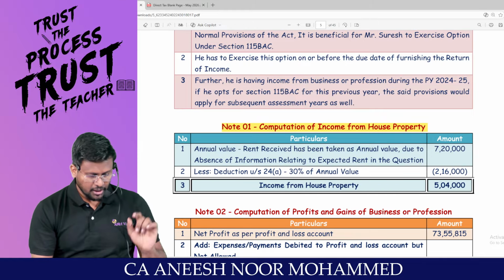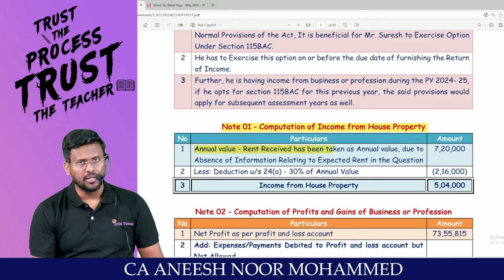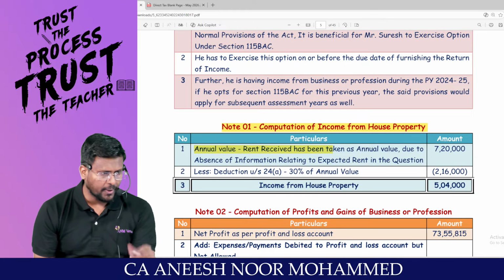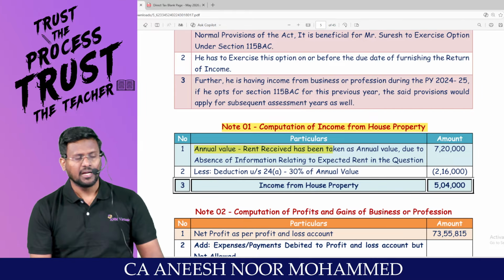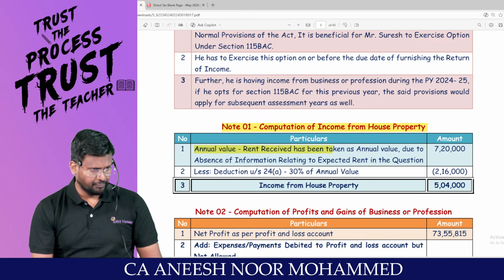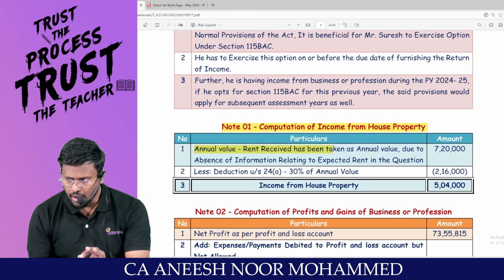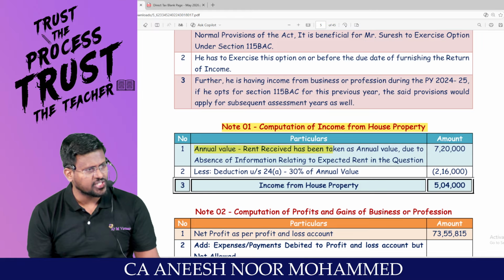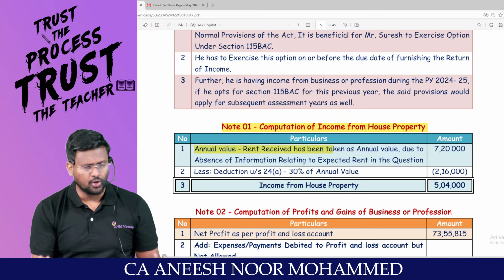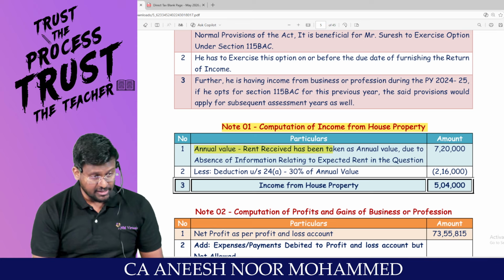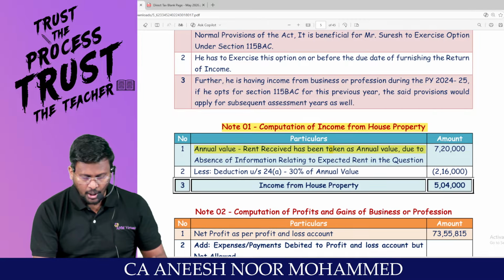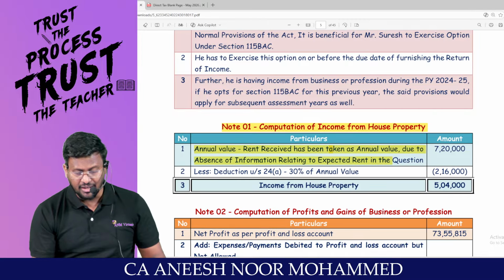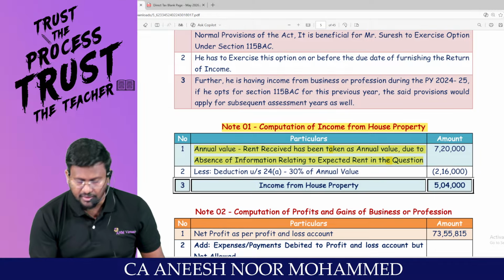That means gross annual value will be fair rent or municipal value, whichever is higher, or standard rent, whichever is lower; the answer is called expected rent. Expected rent or actual rent received or receivable, whichever is higher. That much information is not given in the question, that is why rent received has been taken as annual value due to the absence of information relating to expected rent.